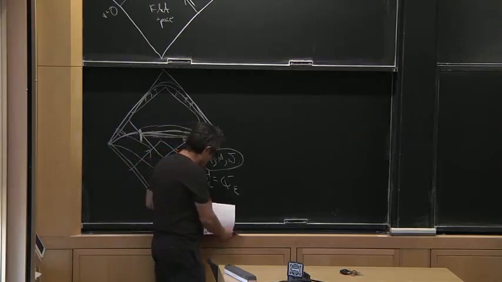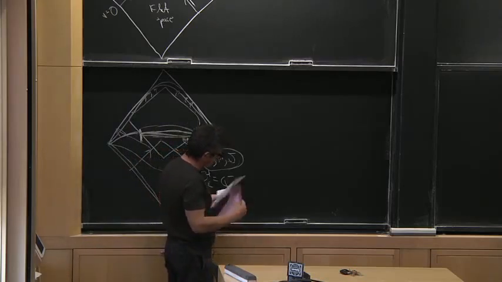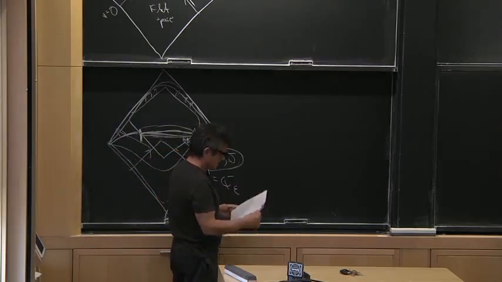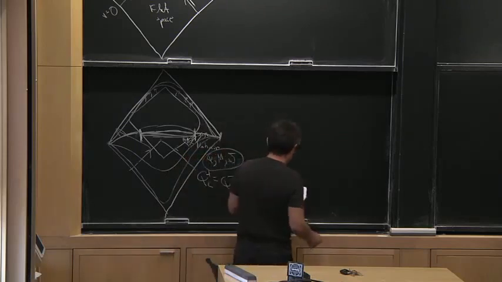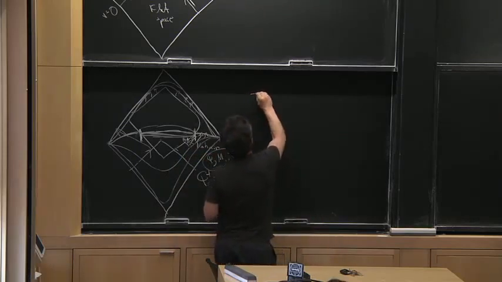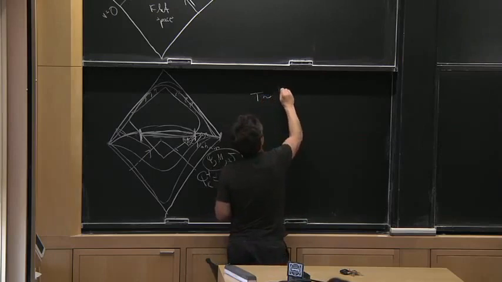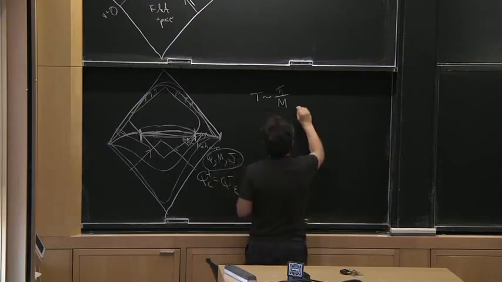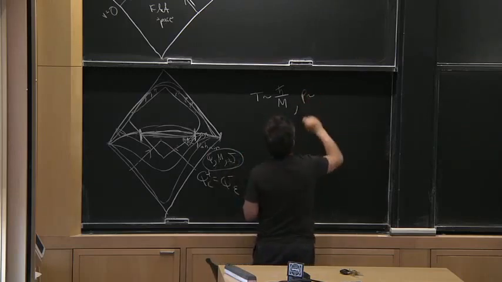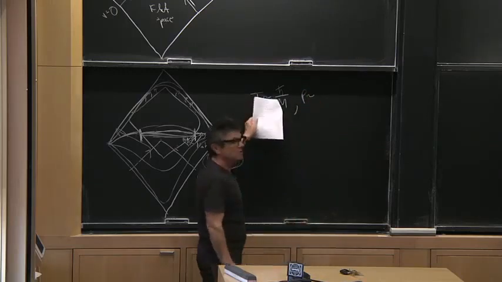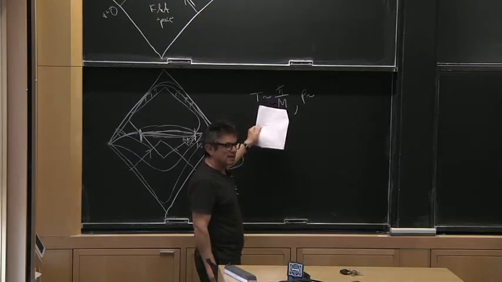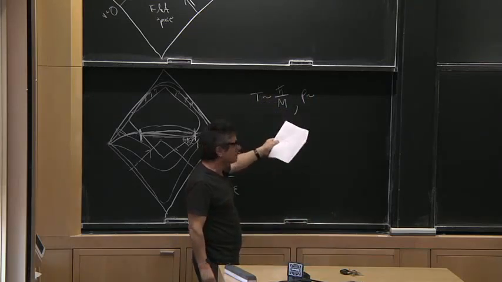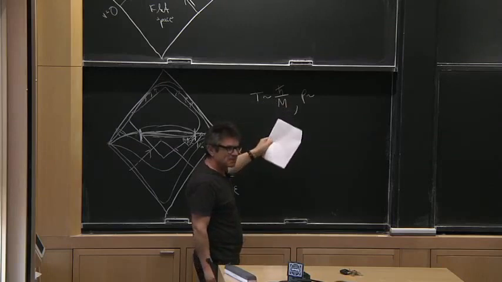Actually, I was going to do that a little later, but let me do it right now. So the Hawking temperature, and let me give it as a little assignment, is h bar over m. And so the power radiated, right? So it goes to 0 when h bar goes to 0, and there are constants here, but I'm ignoring them.